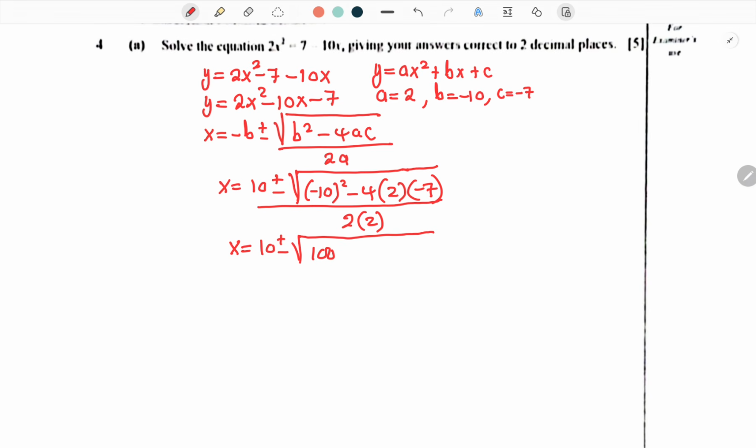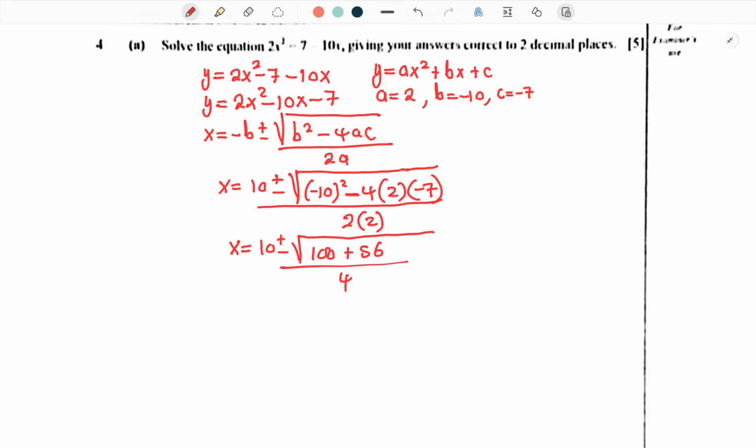Whenever you reach this point, make sure you punch everything together. This negative here, you punch it on the calculator: minus 4, open bracket, 2, then minus 7. Punch everything together to avoid confusion. So you're going to get positive 56, all over 4. 100 plus 56 is 156.